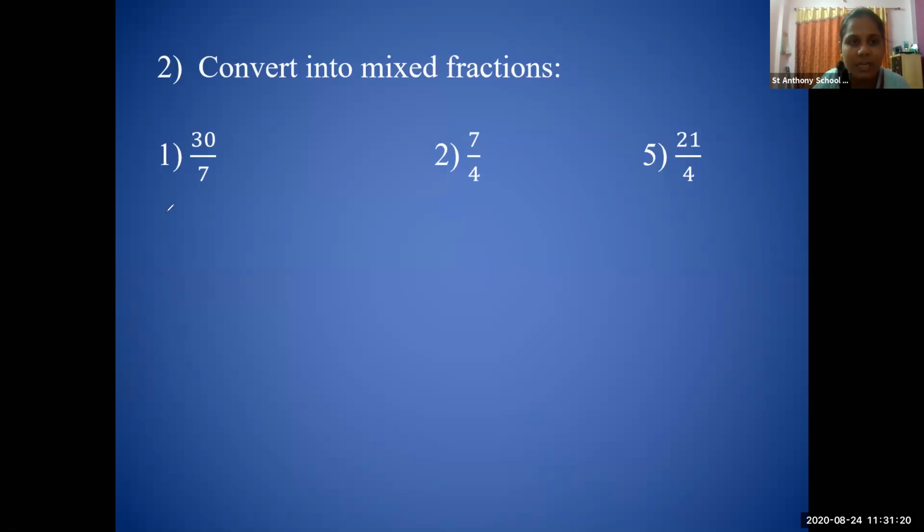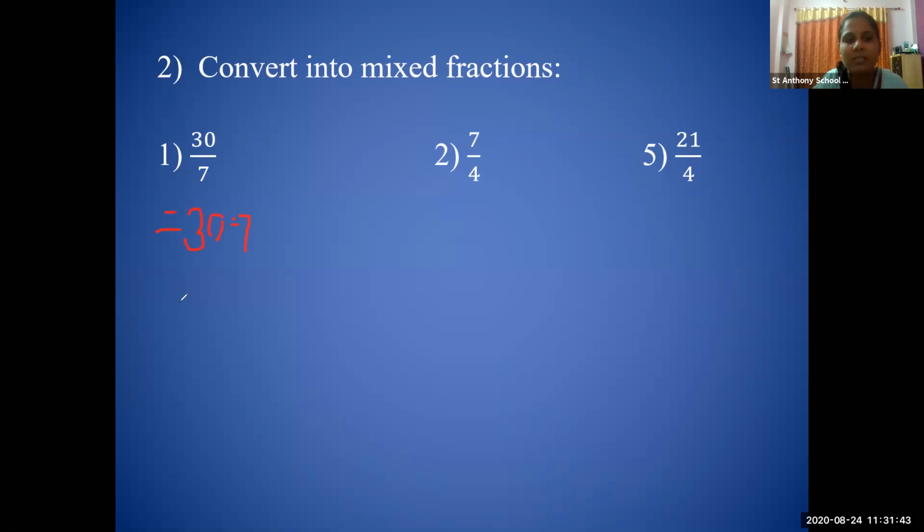30 by 7. See, 30 upon 7 we can say as 30 by 7. Okay, this 30 by 7 means 30 upon 7. We divide this 30 by 7, meaning 30 divided by 7.